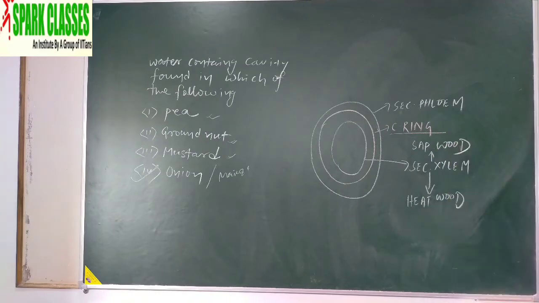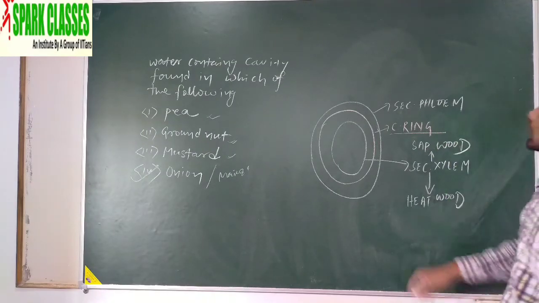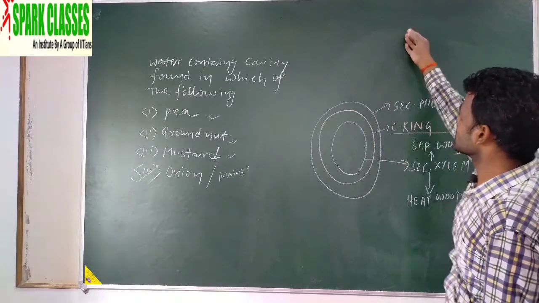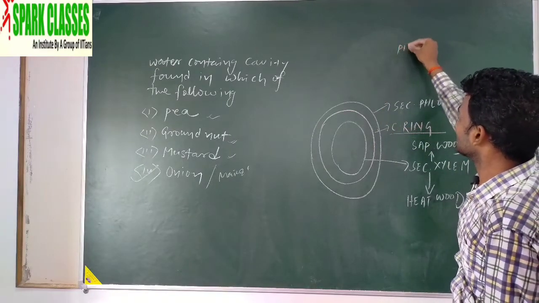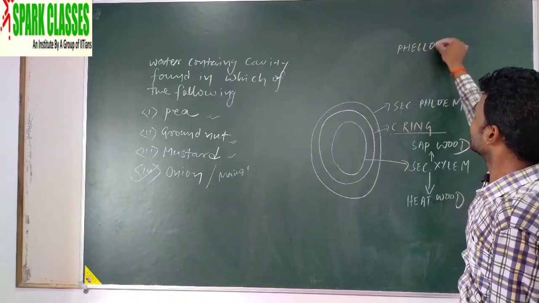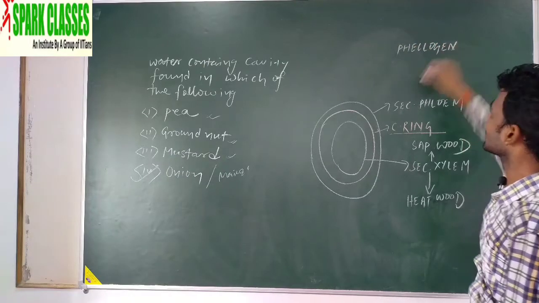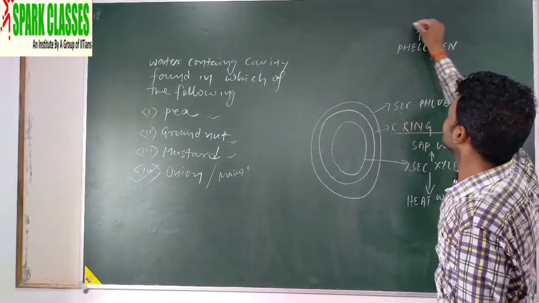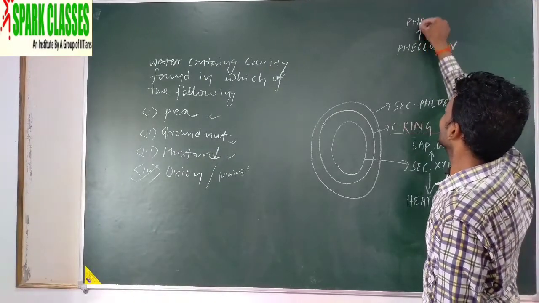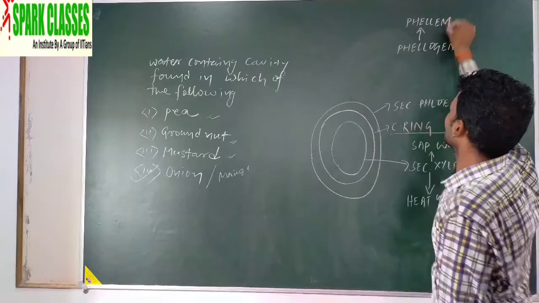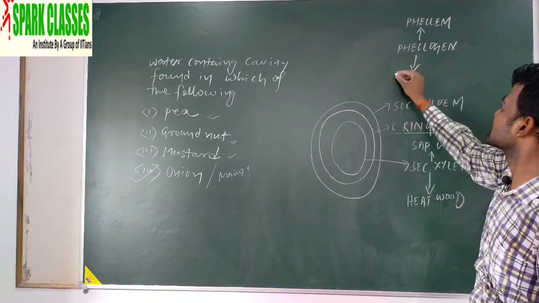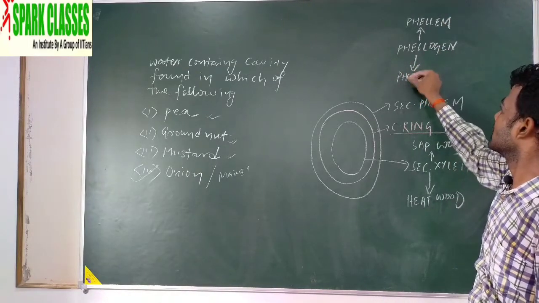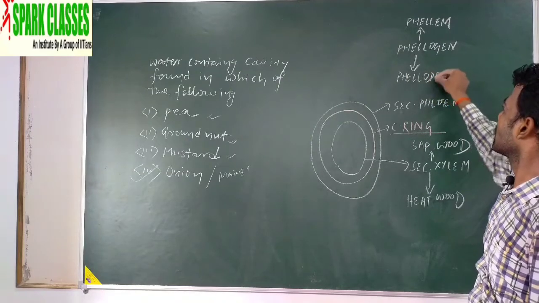Now the labelling part is clear, but if you come to the cortex layer, it is converted into what? Cortex layer converted into phellogen. Phellogen is also called cork cambium, and I have told you many times, phellogen outer side is called phellem or cork, inner side it is called secondary cortex or phelloderm.